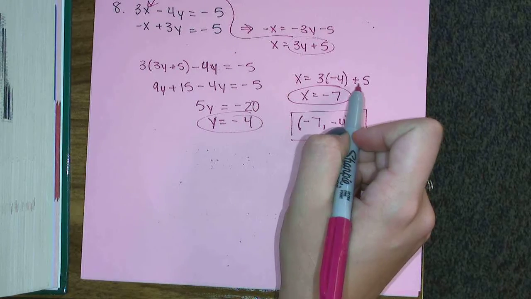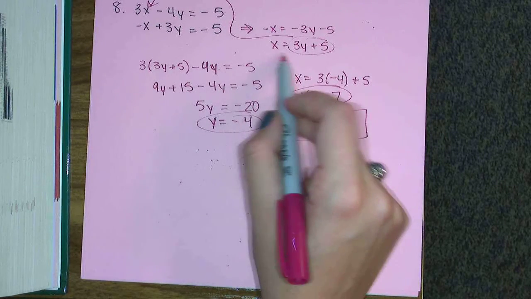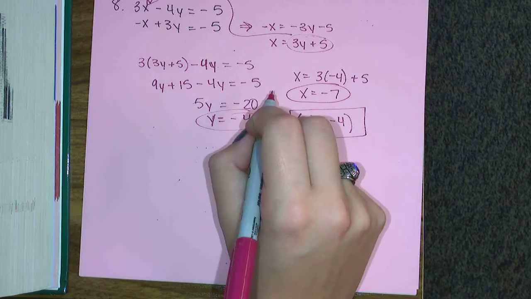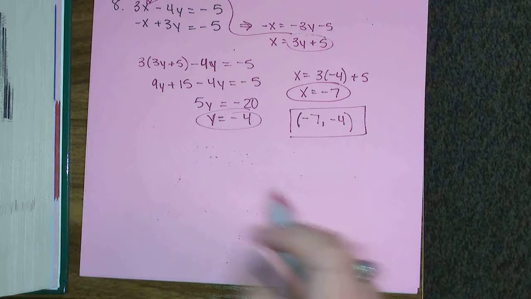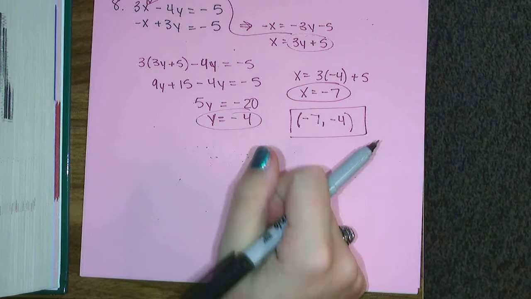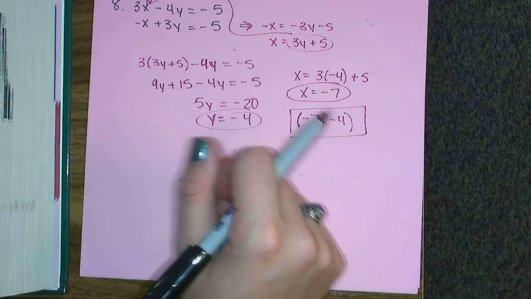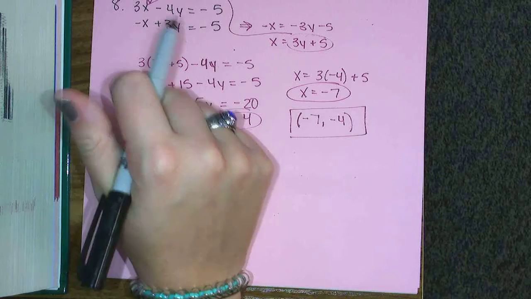This one? This modified problem here. This is a modified equation 2. You could plug it back into one of these original equations here and make sure that they work.